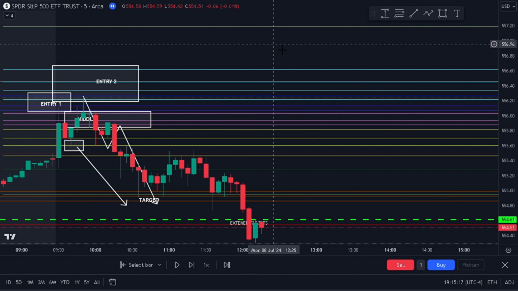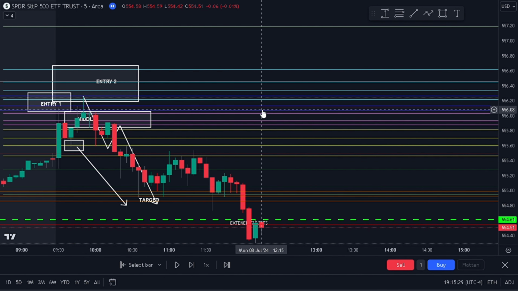It could say go to the downside, but it might be a little too early for the downside and you're just going to keep adding and adding and you're just not going to get a sweet position. But having these entry points is going to help give you that better position, that better average.